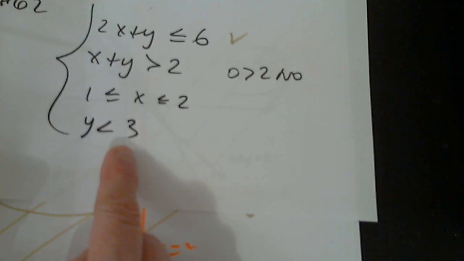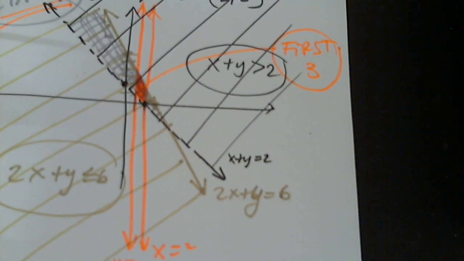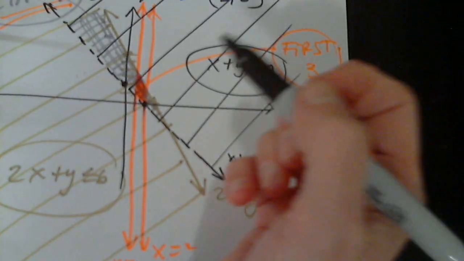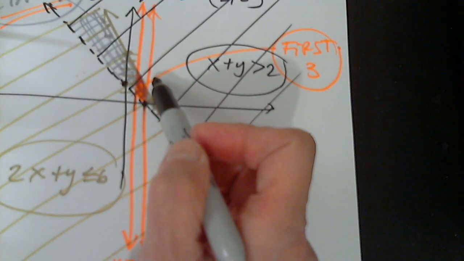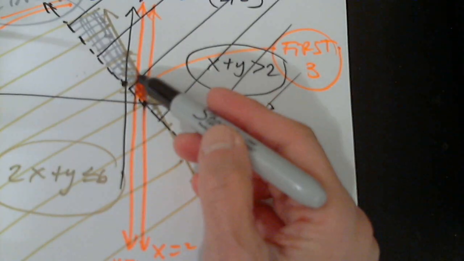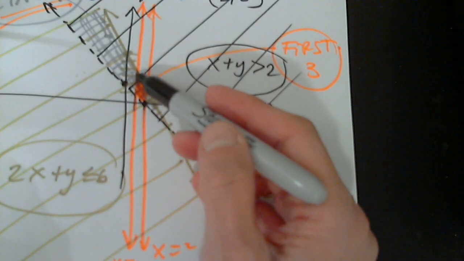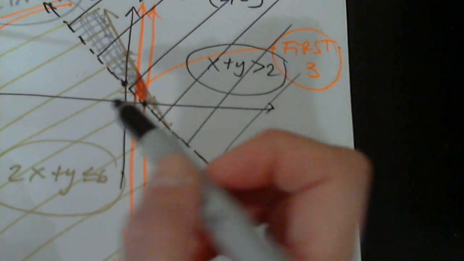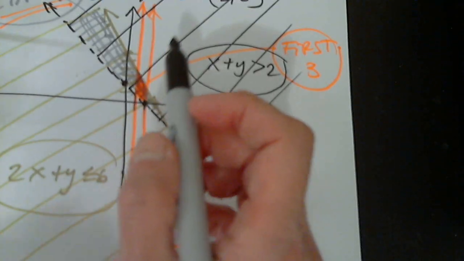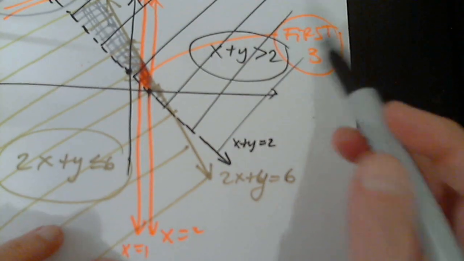Y equals 3 is a horizontal line. So somewhere here, I don't know if this will go higher than 3. So I'm going to graph it and then check.